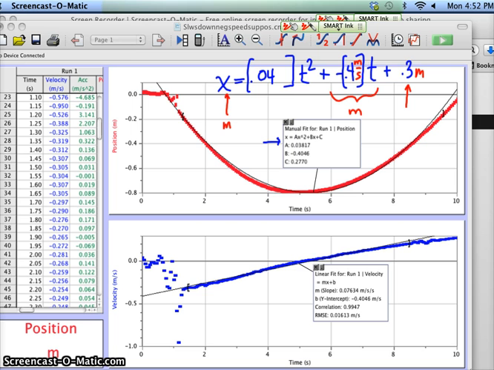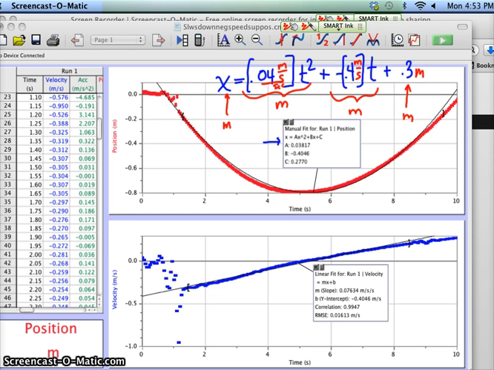And it turns out that term is going to be our initial velocity. And this term also has to be meters, because you have to have meters plus meters plus meters to give you meters. So for the 0.04 times t squared to give you meters, the units have to be meters per second per second. So that makes that whole term measured in meters.